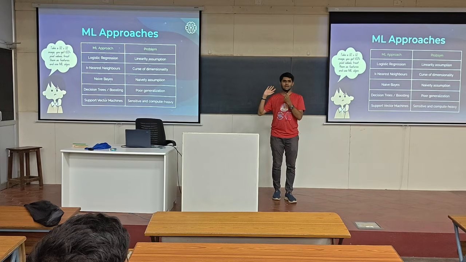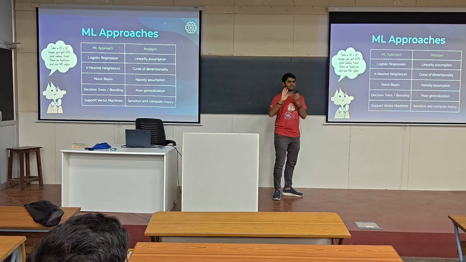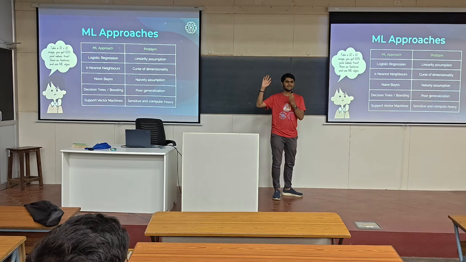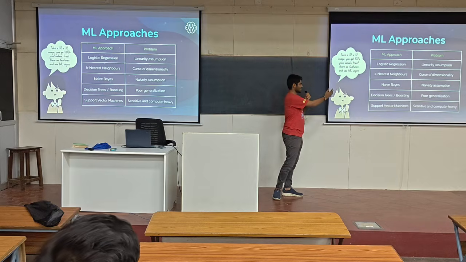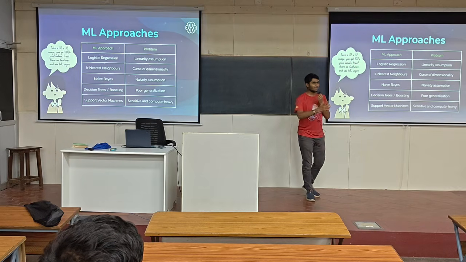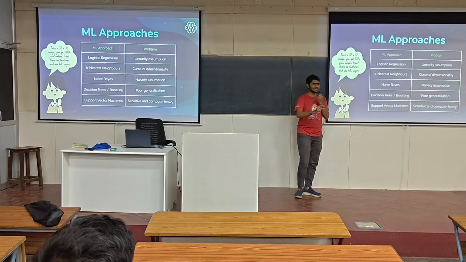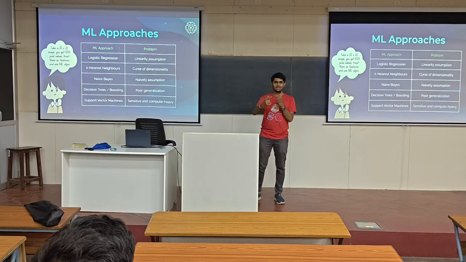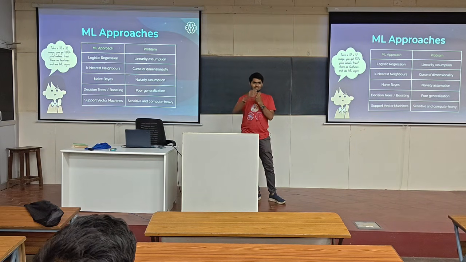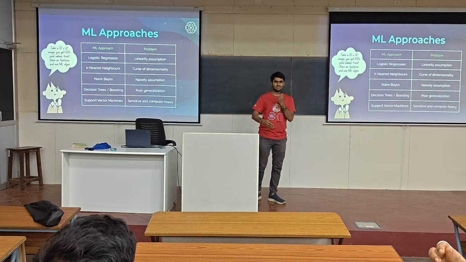I hope people are aware of some ML approaches. Logistic regression, is everyone aware? Right, so what if we use logistic regression? The main problem is logistic regression has the inherent assumption of linearity. It predicts its labels as a weighted combination of all the features, W1 x1 plus W2 x2 plus W3 x3.